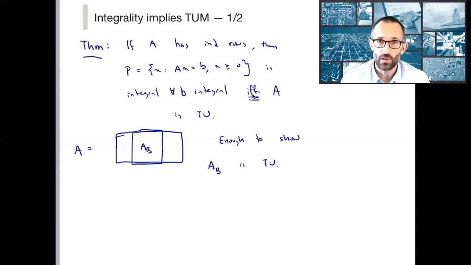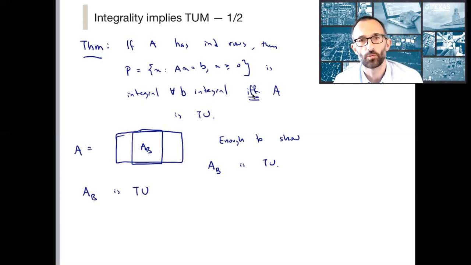And here I'm going to rely on the first definition that I gave of total unimodularity. And note again, whenever we say total unimodularity, part of it is an assumption that I have to have zeros, ones, and minus ones.